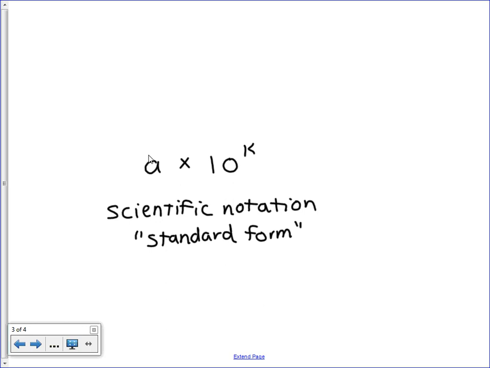The only rules for scientific notation are that the number A has to be between 1 and 10, including 1 but not including 10. And the digit K has to be an integer. So this is just -1, -2, -3, -4, or +1, +2, +3, +4, or even 0.